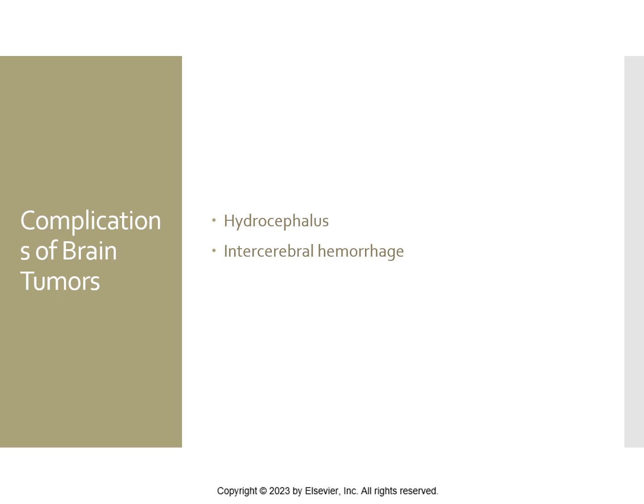You can see a really good picture of this on page 557. It is figure 23.10, showing a ventriculoperitoneal shunt to drain excess CSF into the peritoneal cavity, where it can then be absorbed through the mucosa. Additional complications include intracerebral hemorrhage and seizures.